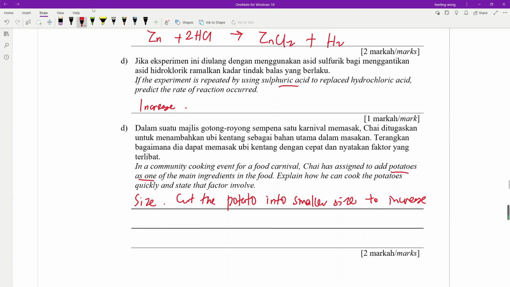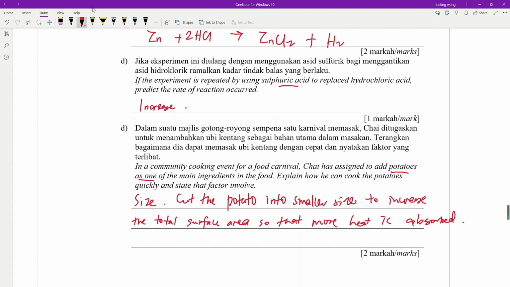We explain a bit: if size is smaller, it increases the total surface area, so that more heat is absorbed by the potatoes, so it can cook faster.